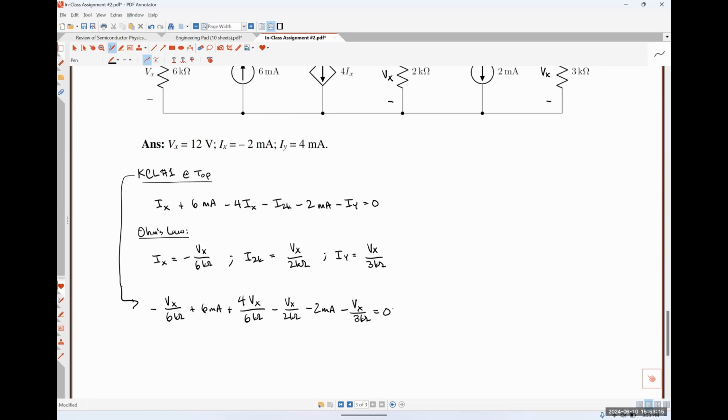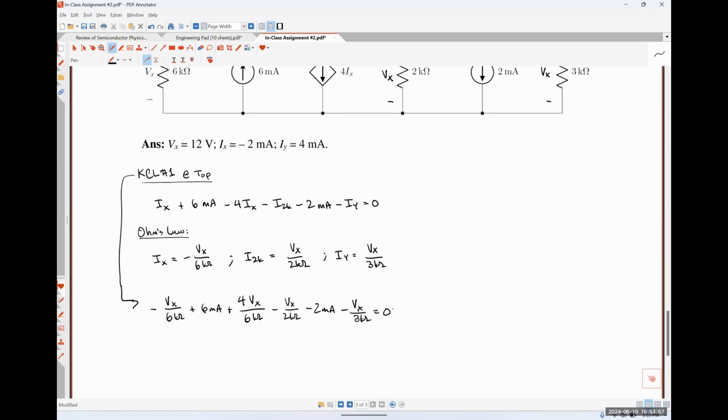So I'm going to put this into the equation solver in my calculator. So negative x over 6,000 plus 0.006 plus 4x over 6,000 minus x over 2,000 minus 0.002 minus x over 3,000.